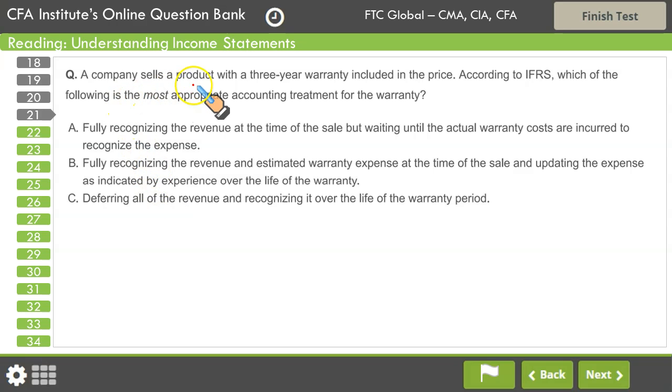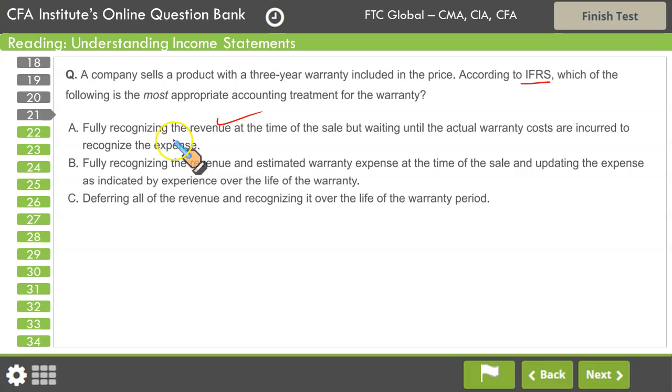A company sells a product with a 3-year warranty included in the price. According to IFRS, which of the following is the most appropriate accounting treatment for the warranty? A. Fully recognizing the revenue at the time of sale, but waiting until actual warranty costs are incurred to recognize the expense.